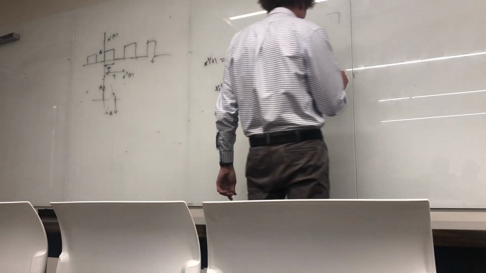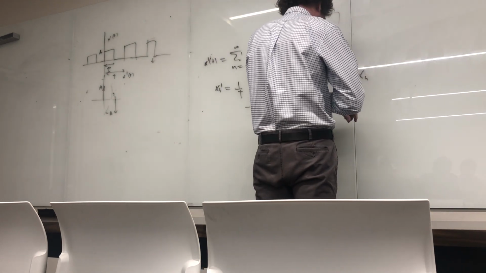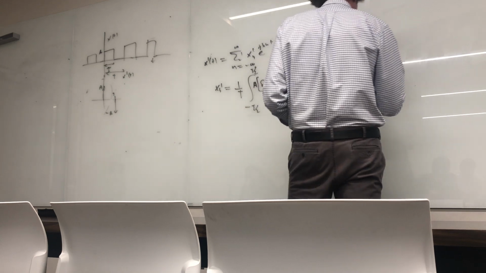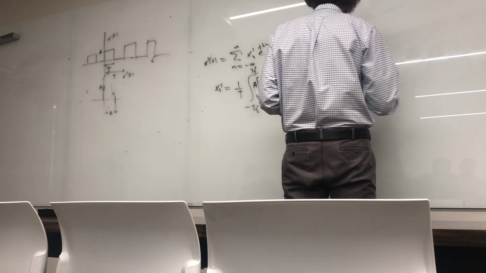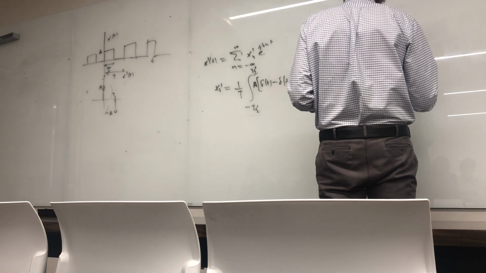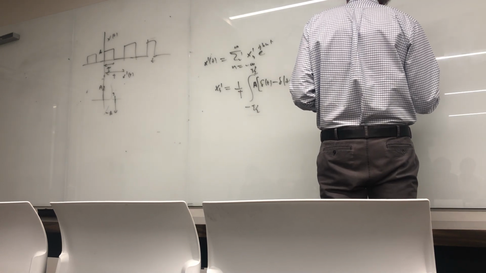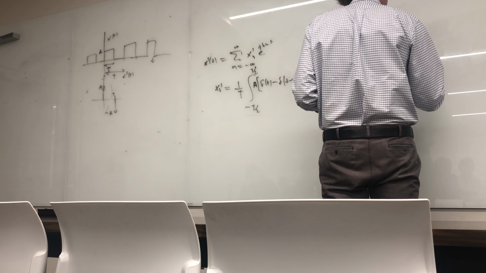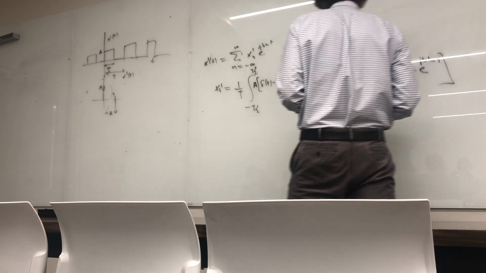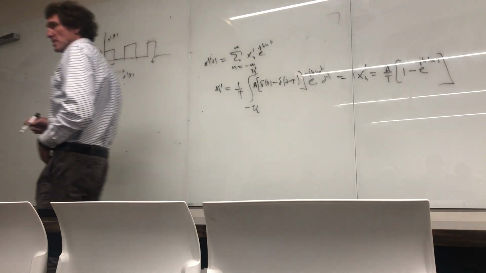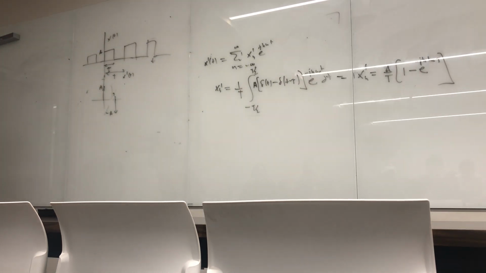When I do this, I see my Xn prime is equal to 1 over the period times A, and then I have 1 minus e to the minus j n omega naught tau. And please check and make sure you see that that in fact would be the coefficient. You all see if I do that integration, necessarily that is the coefficient. Are you with me, class?